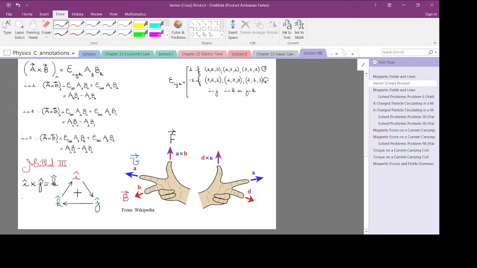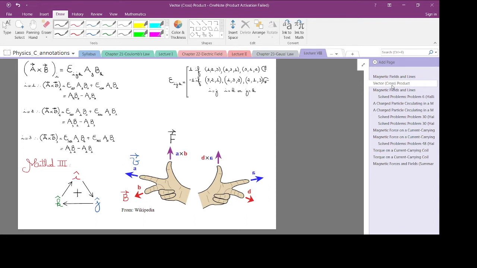If you are doing the opposite direction, for example j vector product i hat, this is going to be minus k. Not too much space, but I'm going to do some examples here so you guys are comfortable. I recommend you use this one. I think it's very practical to use.